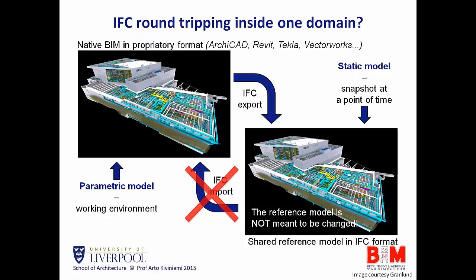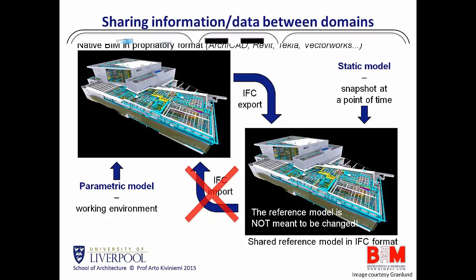It's not the purpose that you can export and import that file and it's still the same. Also, some of the IPR issues are solved with this, because you do not have all the information that you have in the native model. Some designers are afraid of giving away the models because they think that there is some business critical information that would then be shared with others, and they don't want to do that. So the purpose of IFCs must first be understood correctly.